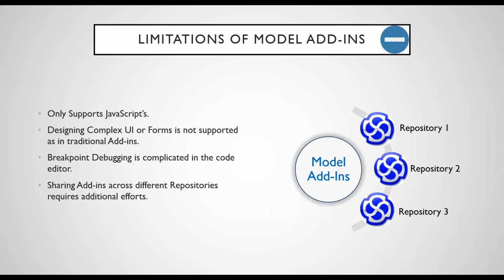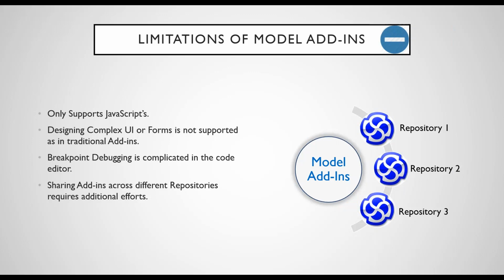And finally, sharing the add-in. This is one interesting part. How do we share the model add-in across repositories? Let's say I have developed the add-in in repository 1, and how do I transfer it to repository 2? It's simple actually.